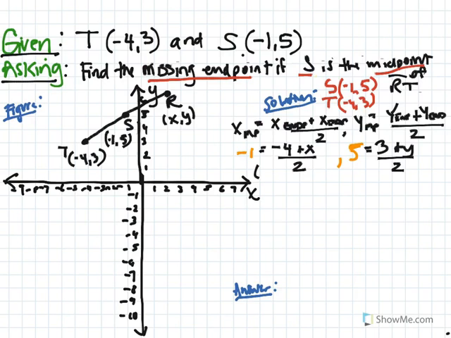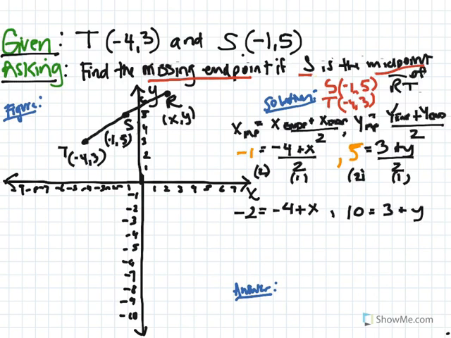So I'm going to simplify. Okay, and that is going to leave me with -2 equals -4 plus x. On the y side, that will leave me with 10 equals 3 plus y.